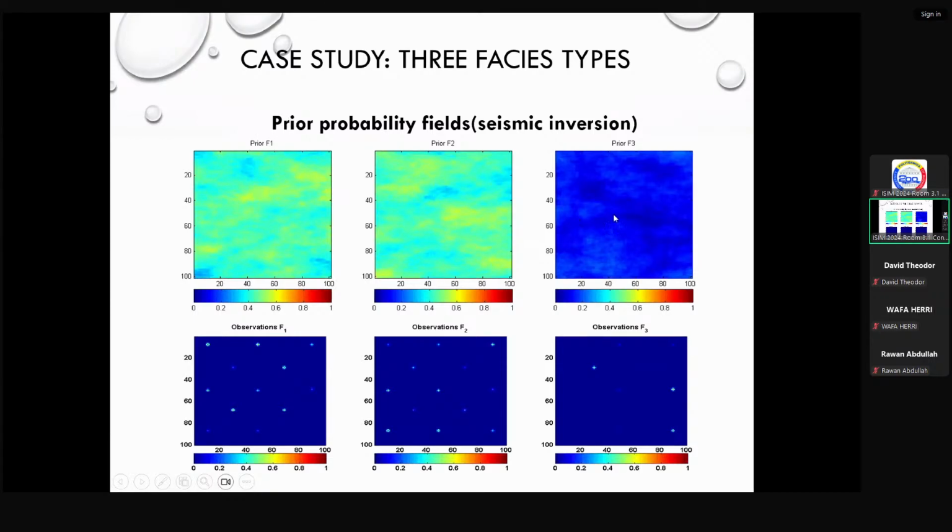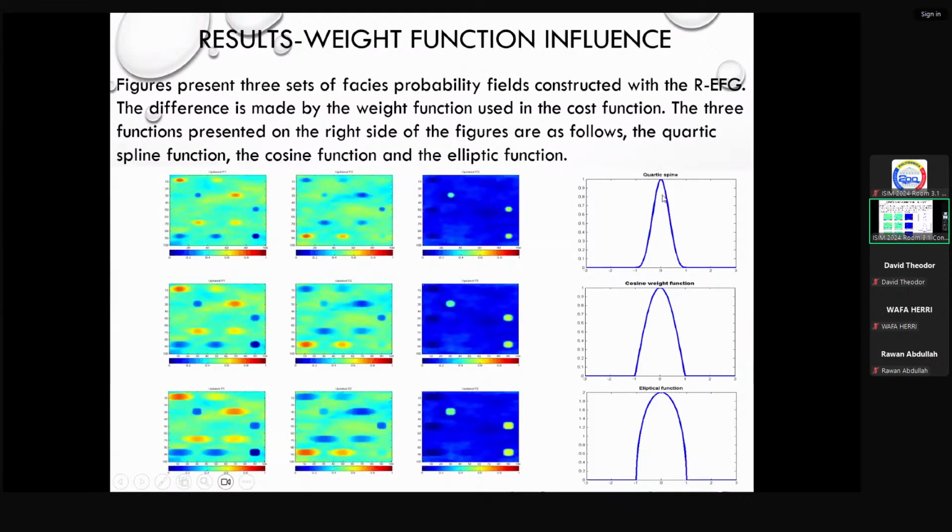We have the initial three fields from seismic inversion and from observation. And if we have a different function, we obtain a different value depending on what function we use.